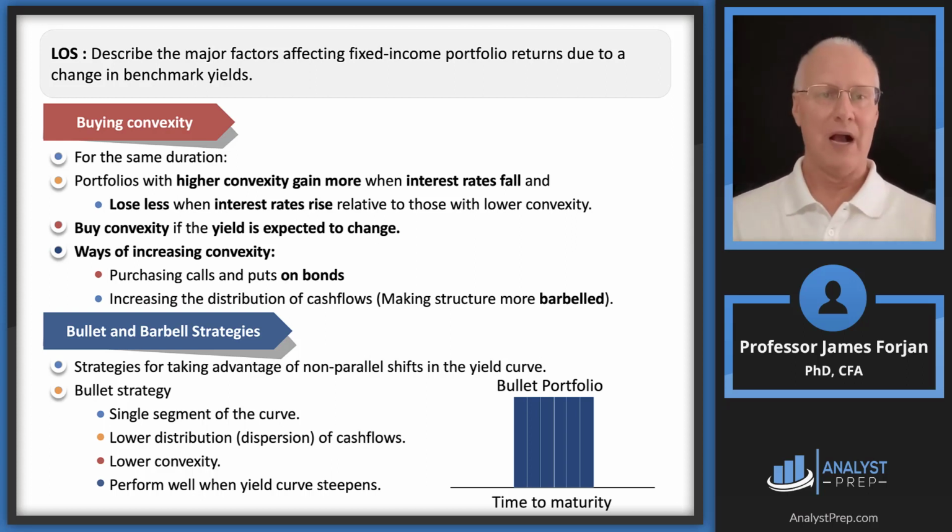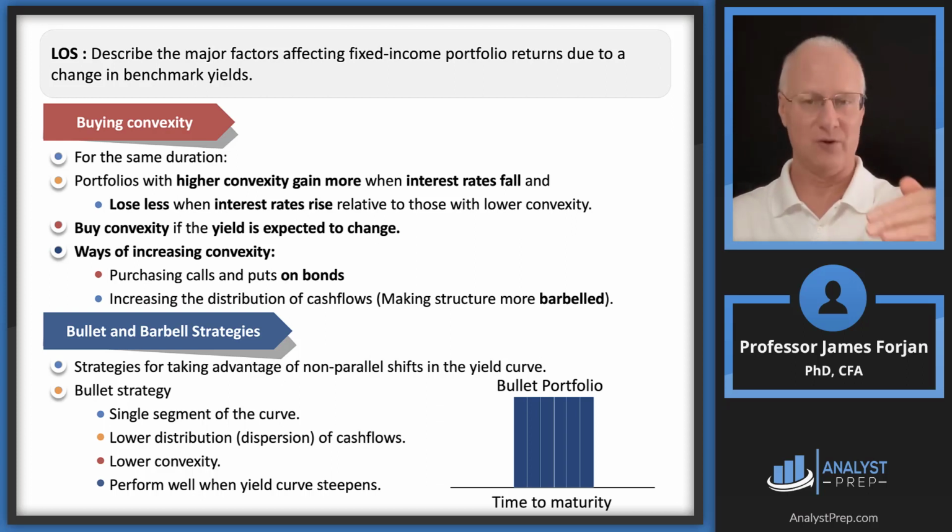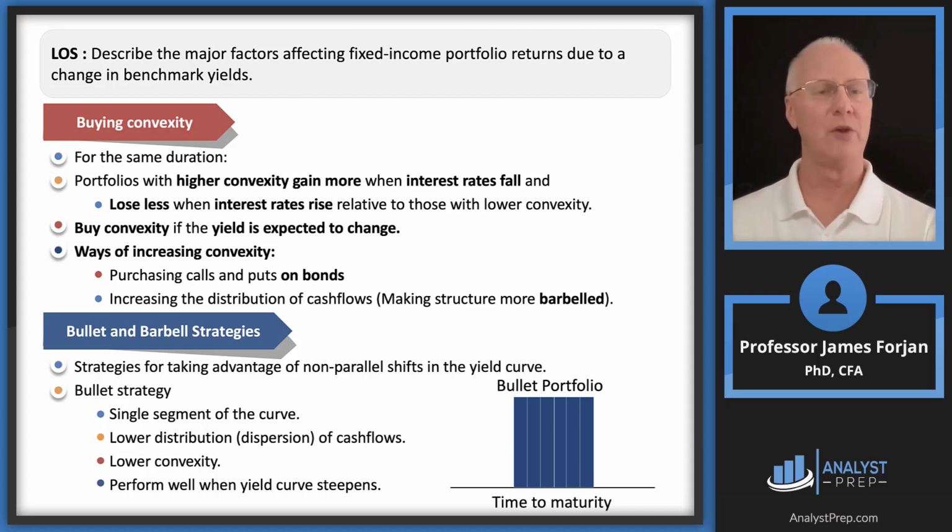We want to have high convexity bonds, so we're willing to pay more for a high convexity bond because when interest rates fall, when the yield on the bond falls, then our bond price with a higher convexity is going to increase in value more than the increase in value of a bond with a lower convexity.